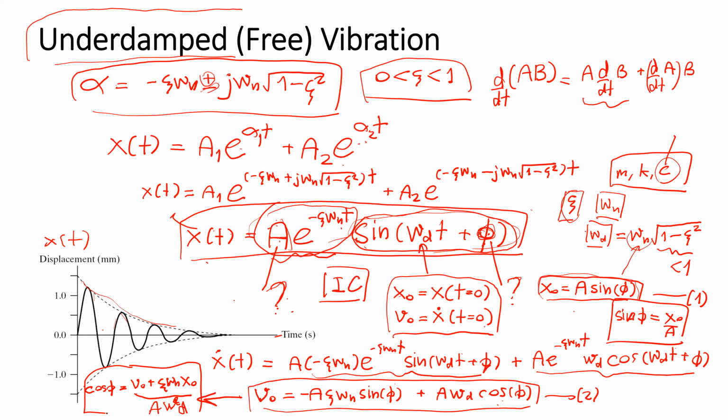To obtain the phi angle, phi is equal to the arctan of sine divided by cosine.